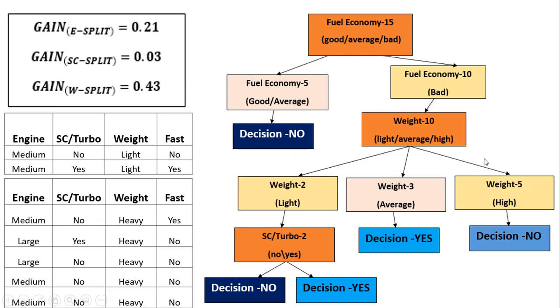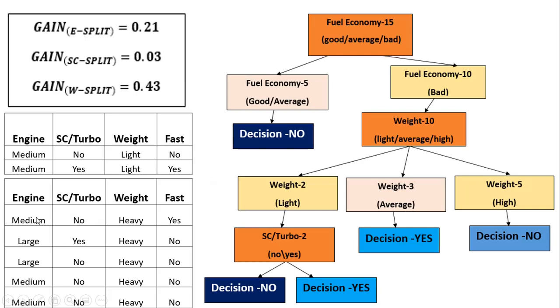We won't proceed further. And since in most of the cases the last category is showing no, it will choose the most probable decision to be no. That's how a decision tree works with information gain. This example that we have seen is an ID3 example.